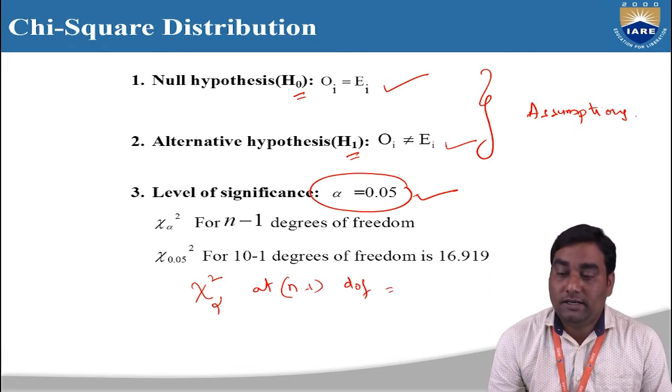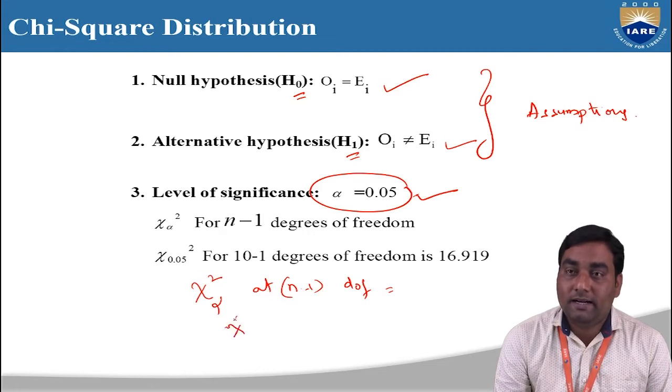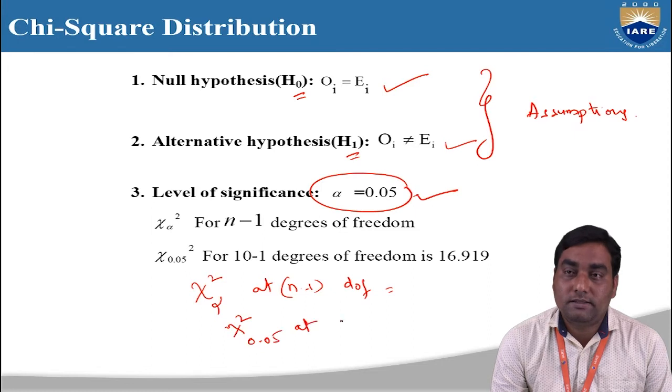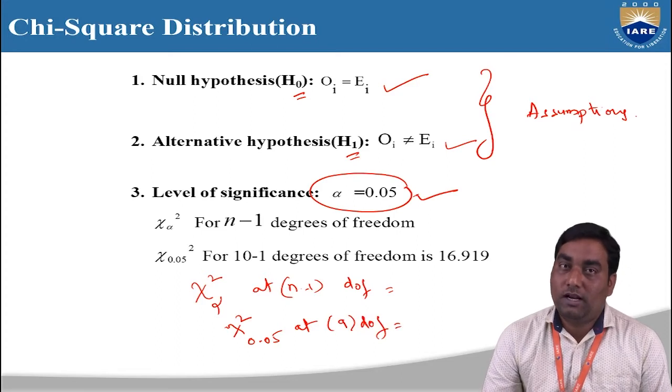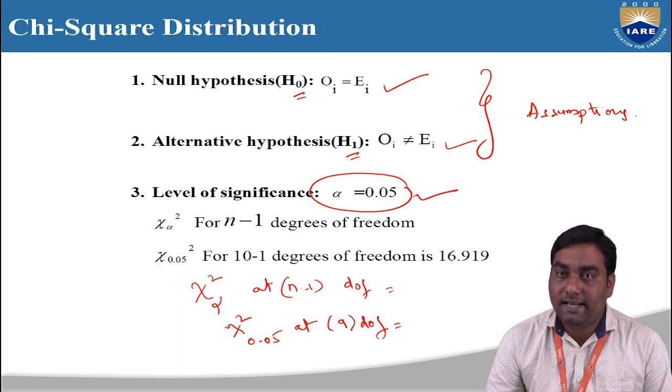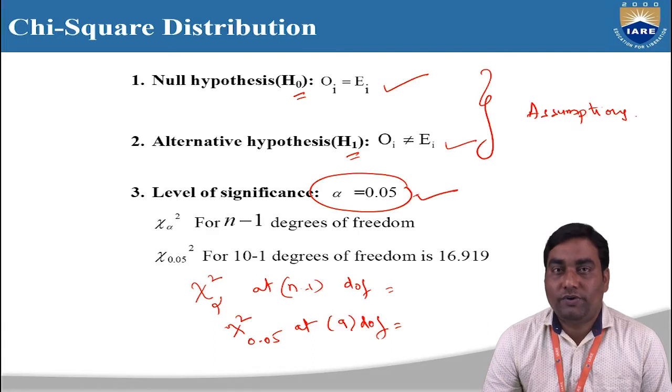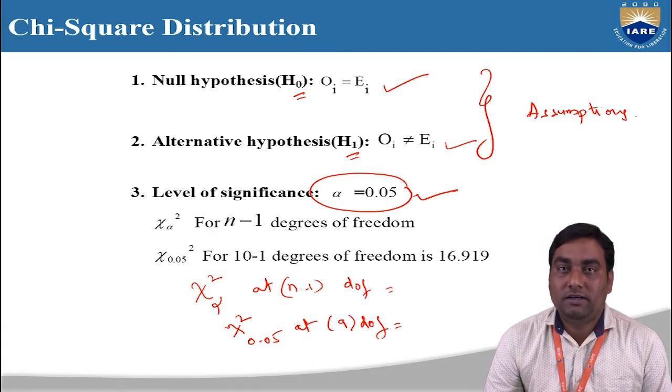Chi-square 0.05 at 9 degrees of freedom, because n equals 10. The total number of observed frequencies is 10. That's why we have to see the chi-square 0.05 value at 9 degrees of freedom from the chi-square distribution table.